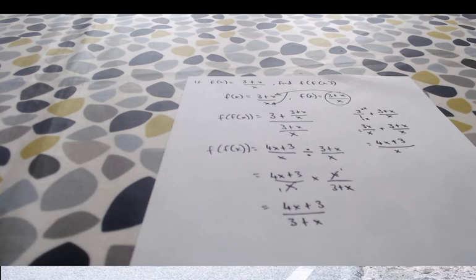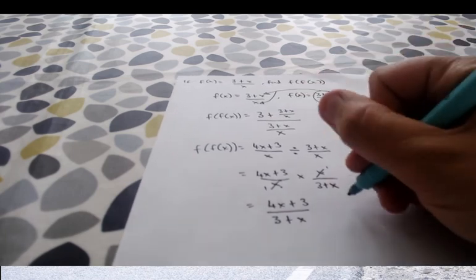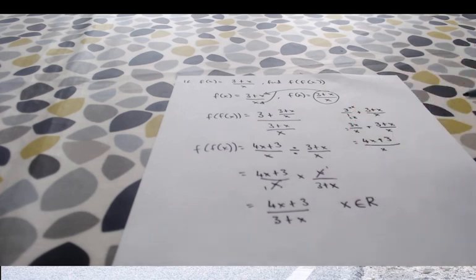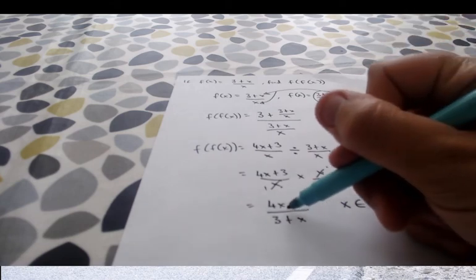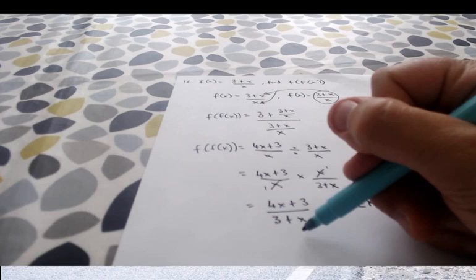Now, if I wanted to write a suitable domain for this, which links us all the way back to the start of the lesson, a suitable domain, x can be any real number apart from, remember, we never want the bottom of a fraction to equal 0. Never.